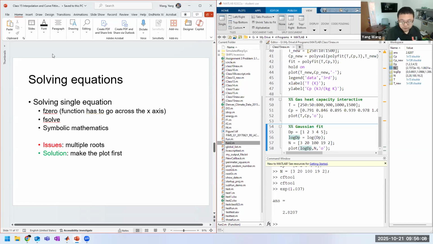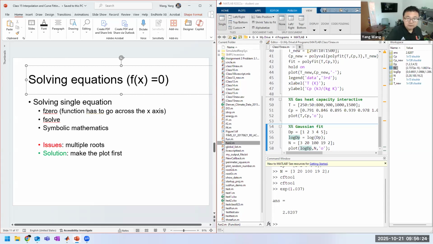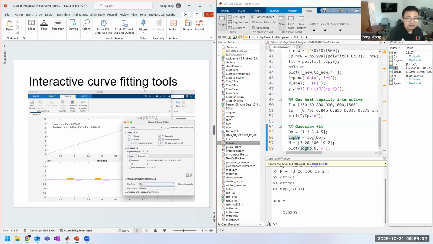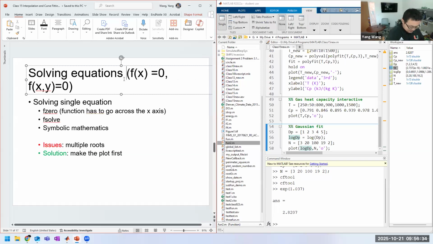Solving equations normally involves, or can be simplified as, a function of x equals 0, say f of x equals 0. Or if there are multiple parameters, it could be f of x, y equals 0. So we're going to face problems like these.